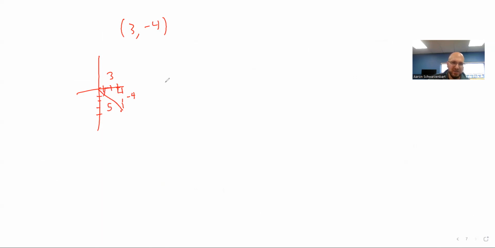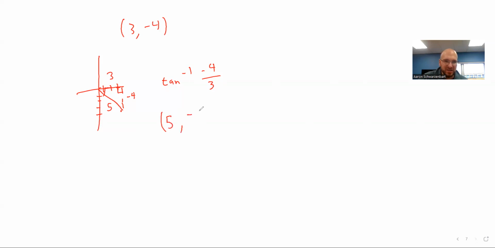To get my angle in here, I'll do an inverse tangent of opposite over adjacent, negative 4 over 3. We'll grab a calculator. And I get negative 53.1.